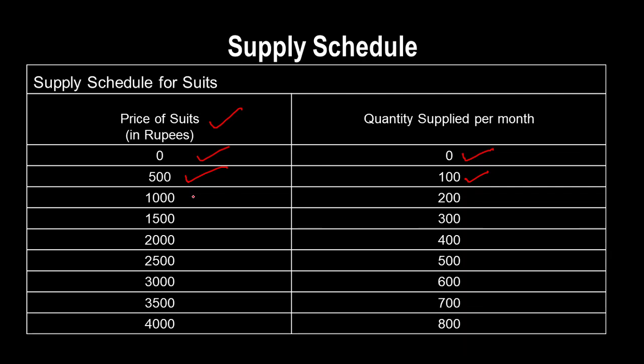When the price increases from 500 to 1000, the seller is willing to supply more. So you can see this relation continuously, the price is rising up to 4000, and the supply has also gone up to 800. So what we observe is a positive relation. When price increases, supply also increases, establishing the law of supply.